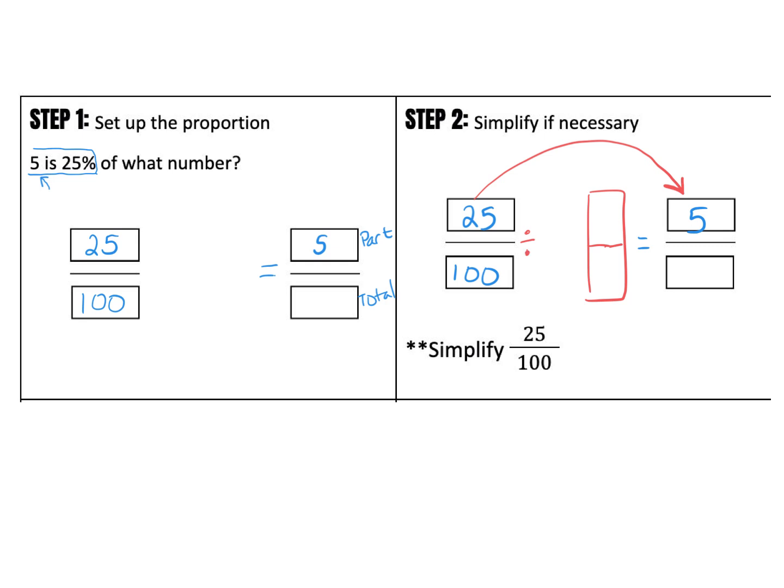We're going to divide by a big 1, something where 25 divided by that equals 5. And I know that 25 divided by 5 equals 5. So I'm going to replace my big 1 with 5 over 5. Now I have one little math problem down at the bottom that will reveal this mystery number to me. It's 100 divided by 5, and that is 20.